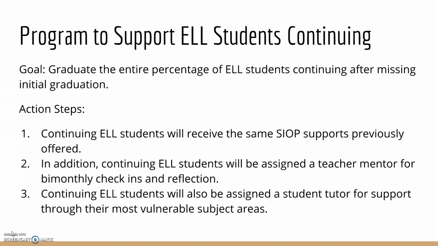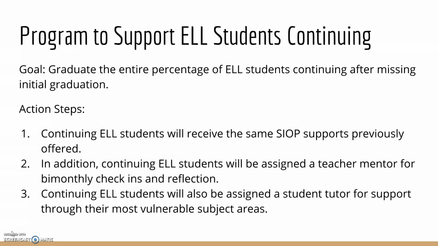Another goal that I have for our continuing ELL students is to graduate the entire percentage of ELL students continuing after missing initial graduation. So if you are going to come back to school and keep working towards your diploma, you need a different type of support than an initial group of students. So I want to continue offering the ELL students the same SIOP supports that they've always had.